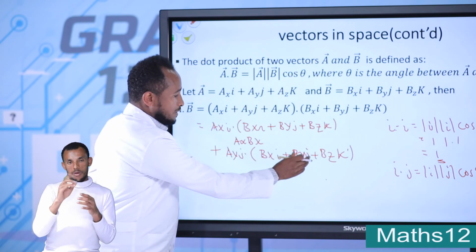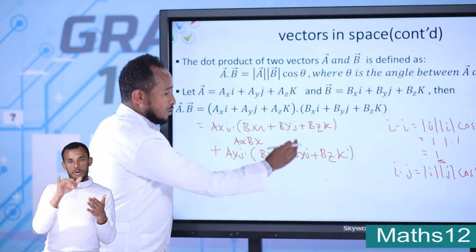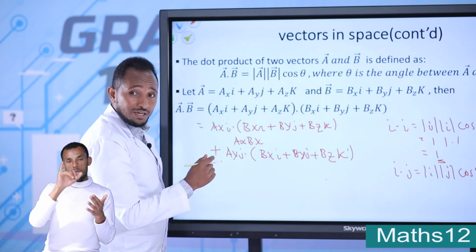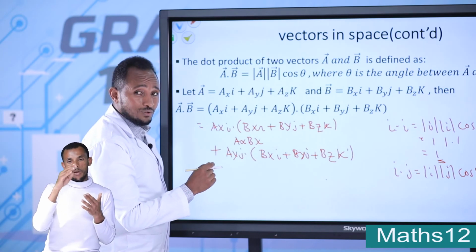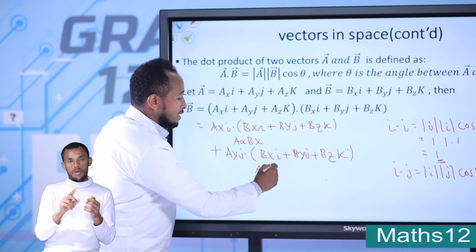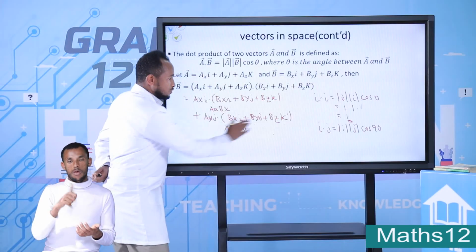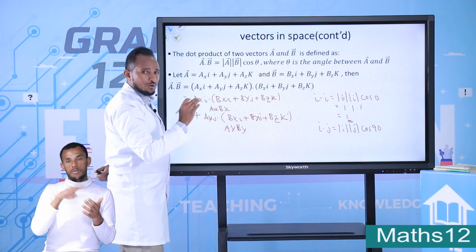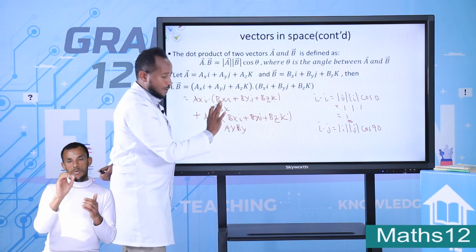Ay J dot By J, in this case Ay By times J dot J. J dot J is 1, so you'll have here Ay By. Ay J dotted with Bz K becomes 0 because J dot K is 0.